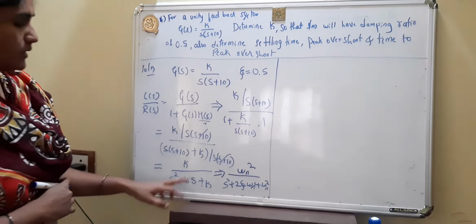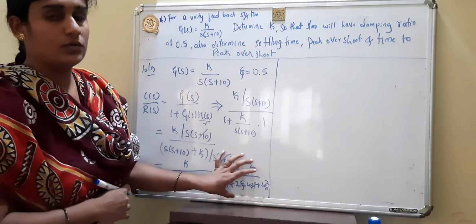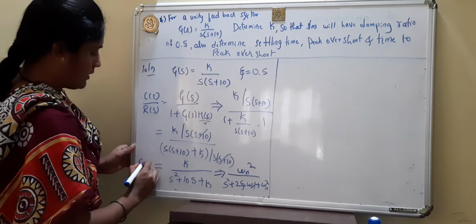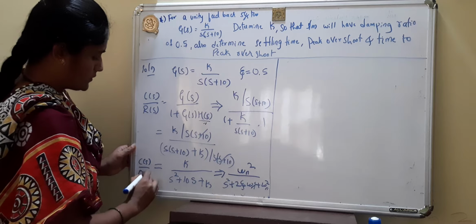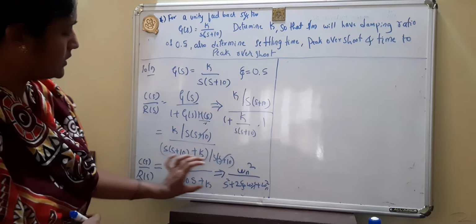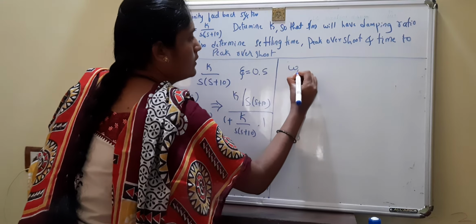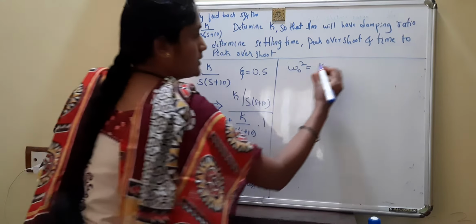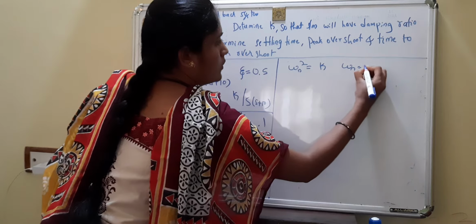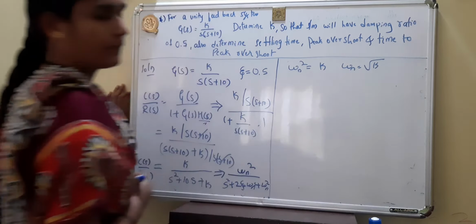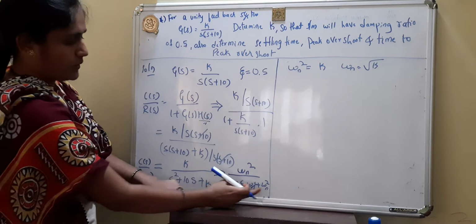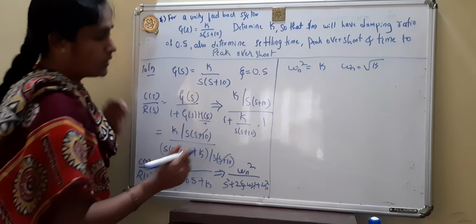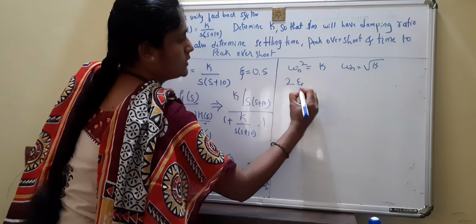We have to compare this equation with the standard second order characteristic equation, that is C of s divided by R of s. Comparing this, what is omega n square? Omega n square is equal to K, so omega n is equal to root K.